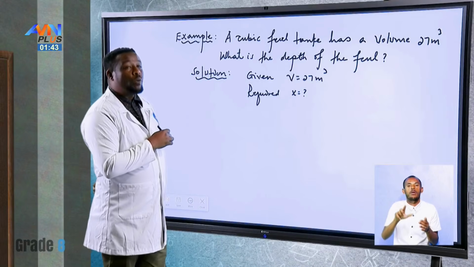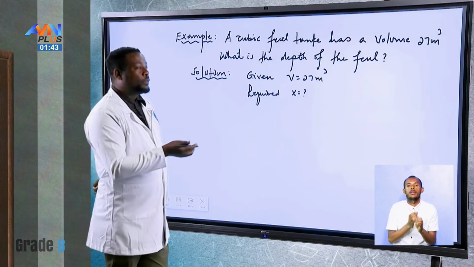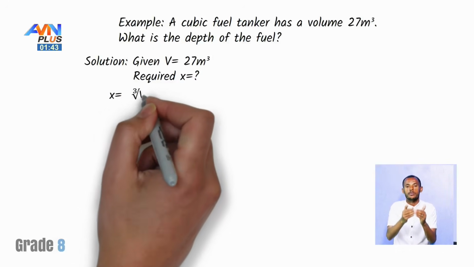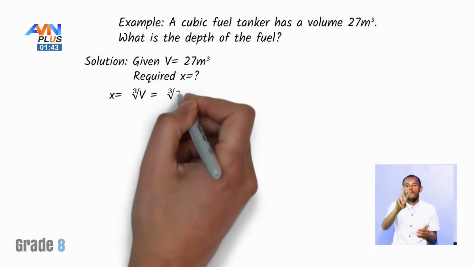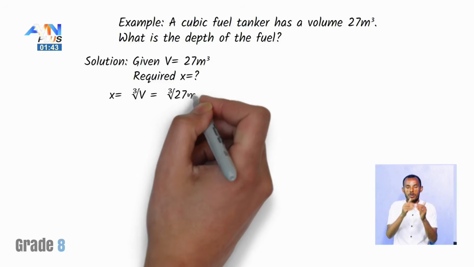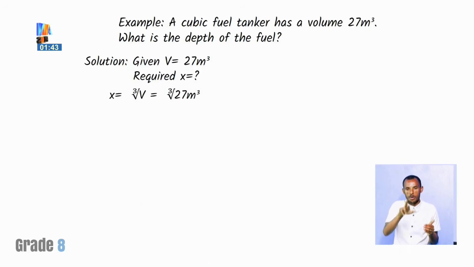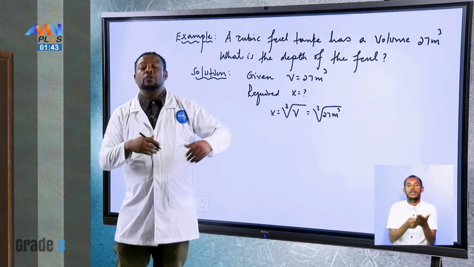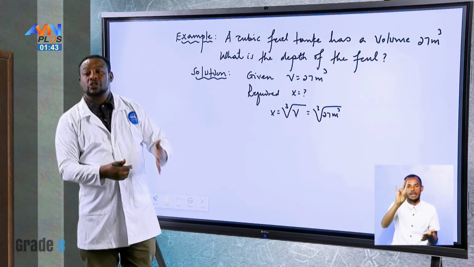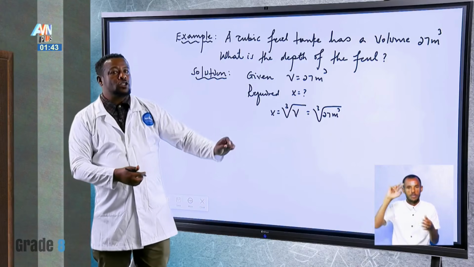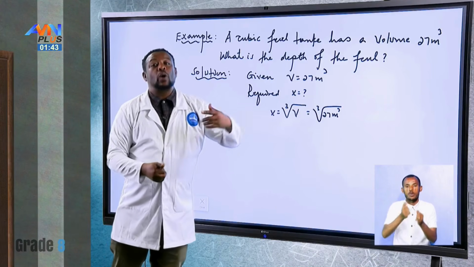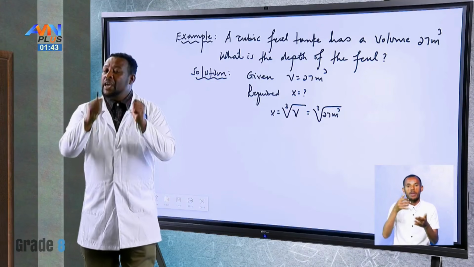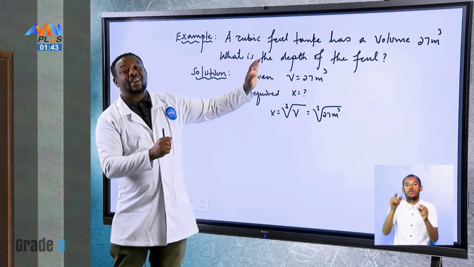So we can now calculate the depth of the fuel using the formula X is equals to cubed root of V, or X is equals to cubed root of 27 meter cube. To calculate this, the first thing that you need to do is convert 27 into a certain perfect cube, if possible. If not, you put that number as it is.